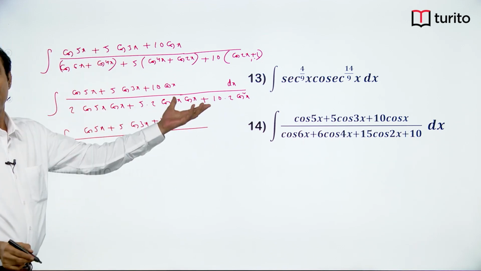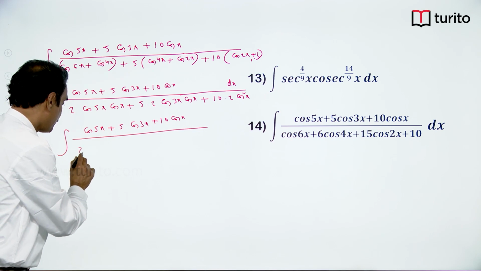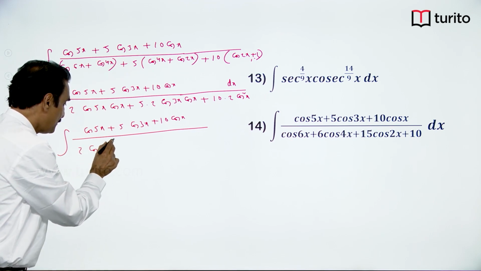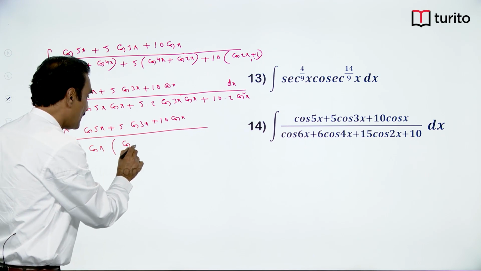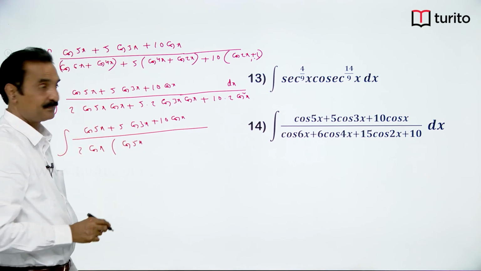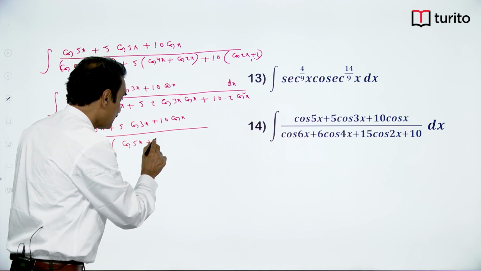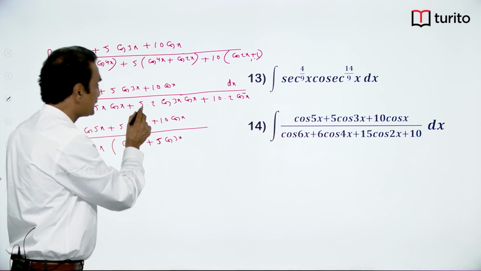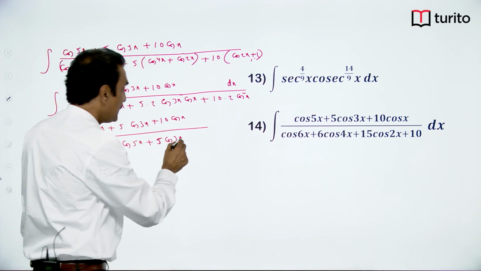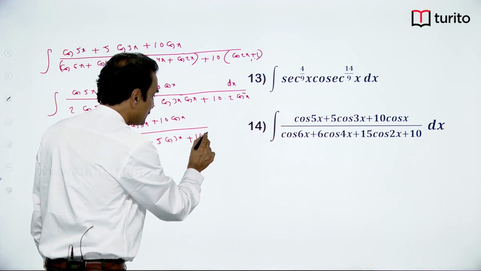From the denominator, if you take 2 cos x common, 2 cos x into, you will get cos 5x remaining here plus 5 cos 3x from here plus 10 cos x.